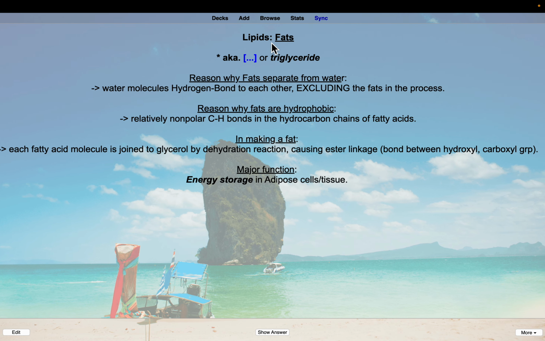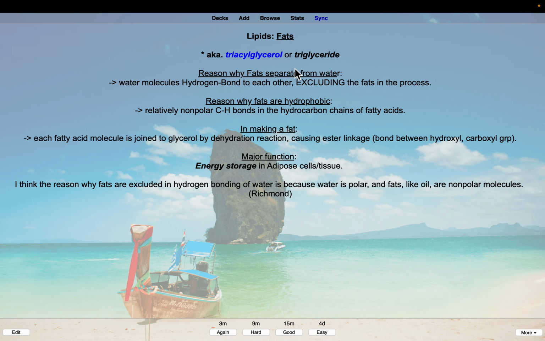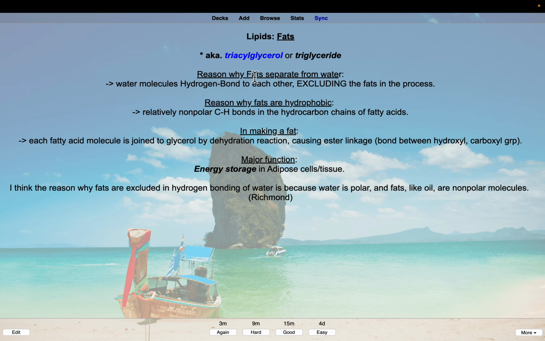Okay, lipids. So we have fats. It's the first type. In other words, it's called a triglyceride or a triacylglycerol. That's a long word. It just basically means fats. So, what is the reason why fats separate from water?